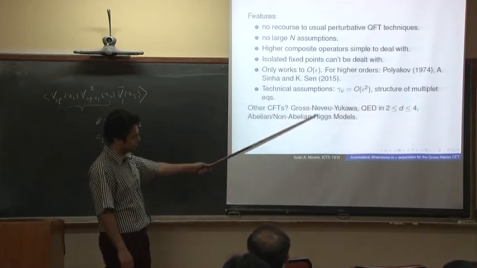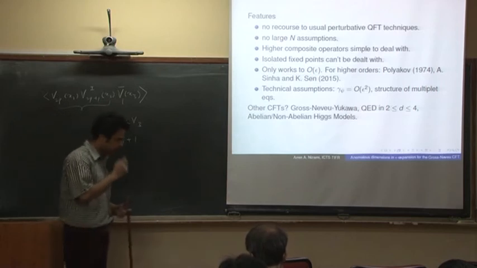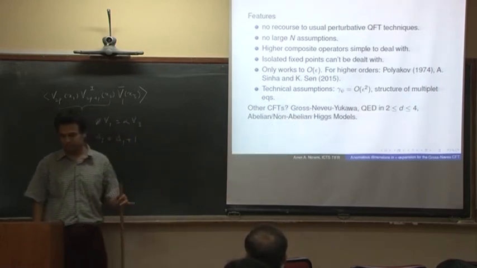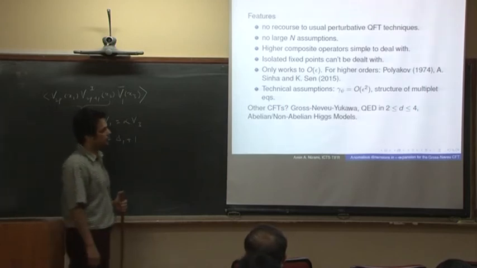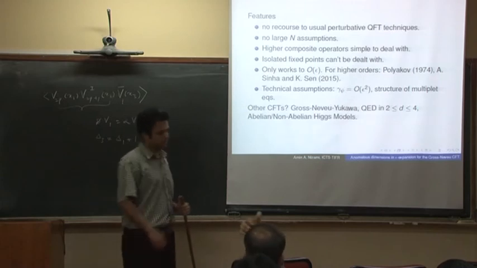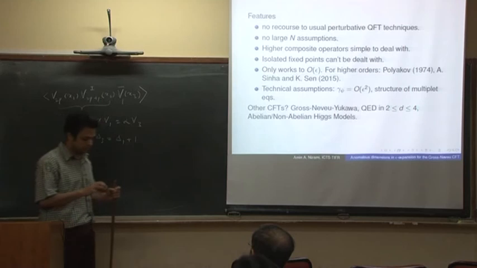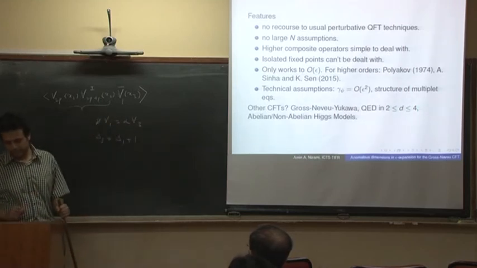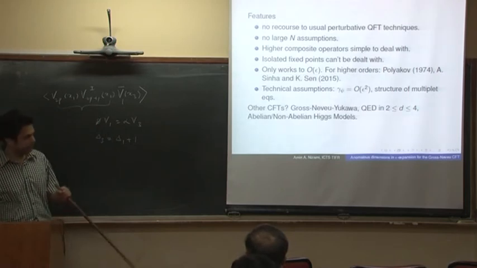For example, the Gross-Neveu CFT, you can study in 4 minus epsilon dimensions. There, it seems that a straightforward extension of this approach would not work, because if you look at the fermion equation of motion, you're not able to find an OP which includes the terms that appear there both. In 3 plus epsilon dimensions, you might be able to do it. The other thing is QED.